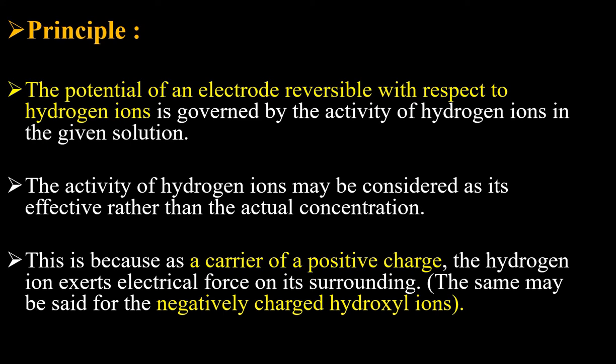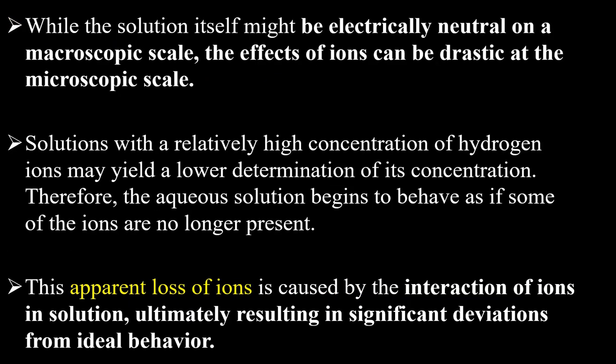This is because a carrier of positive charge, the hydrogen ion, exerts electrical force on its surroundings. Carrier of positive charge means here H plus ions. The same may be said for the negatively charged hydroxyl ion, OH minus.